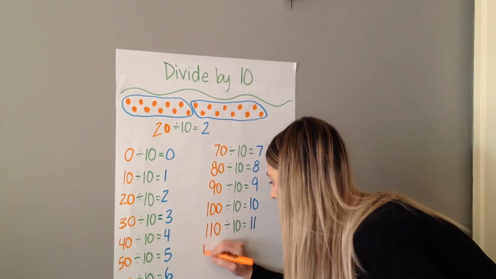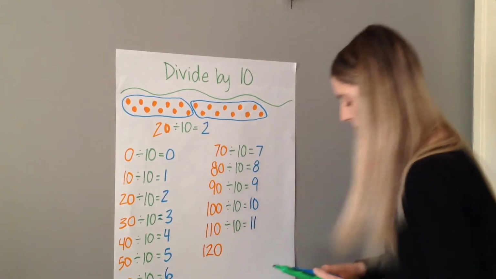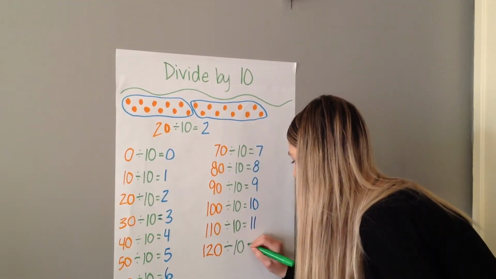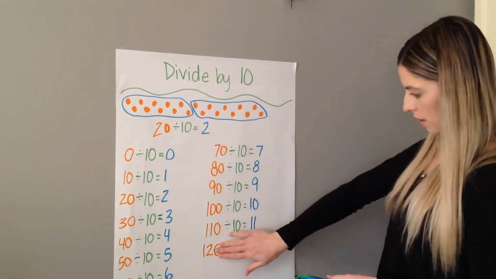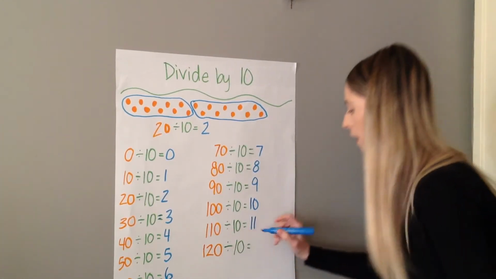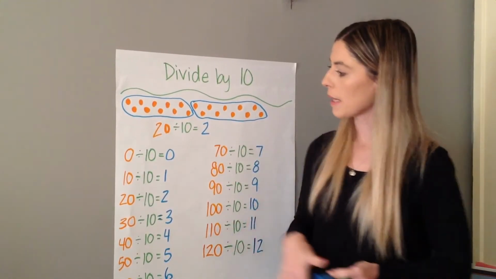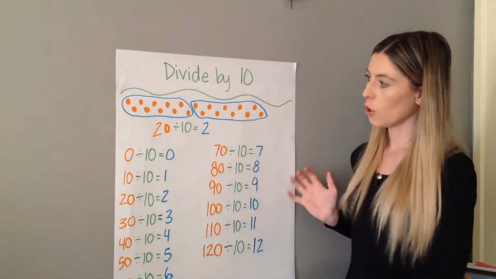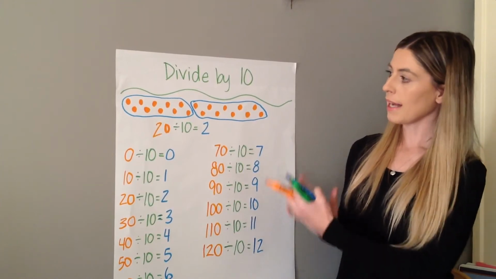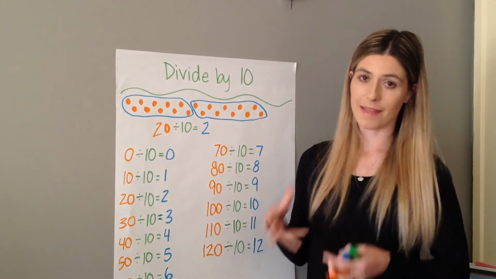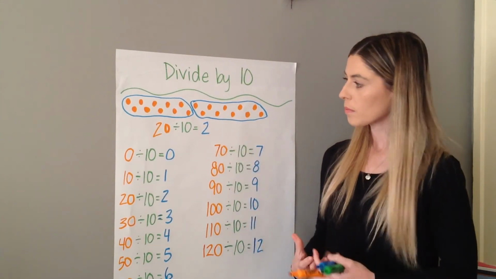And our last one for today, 120 divided by 10 equals, take the 0 off, we have 12 left over. So again, dividing by 10, you are taking the total number of items and finding out how many groups of 10 you can make within that large group.